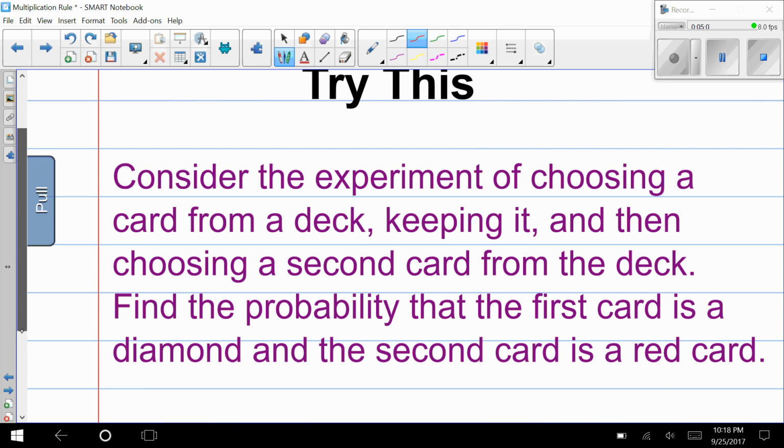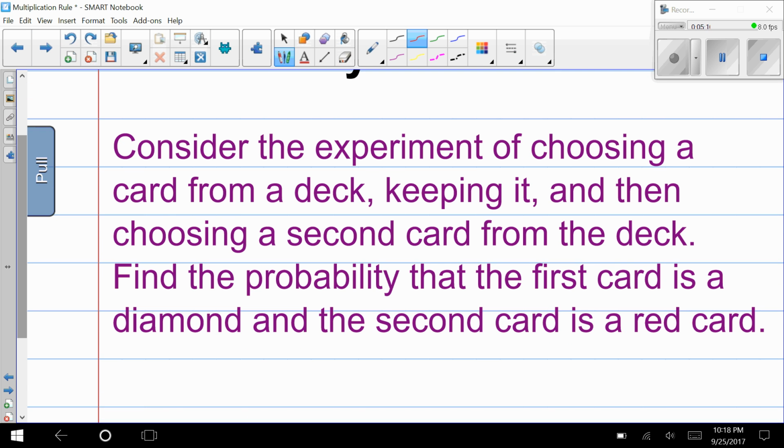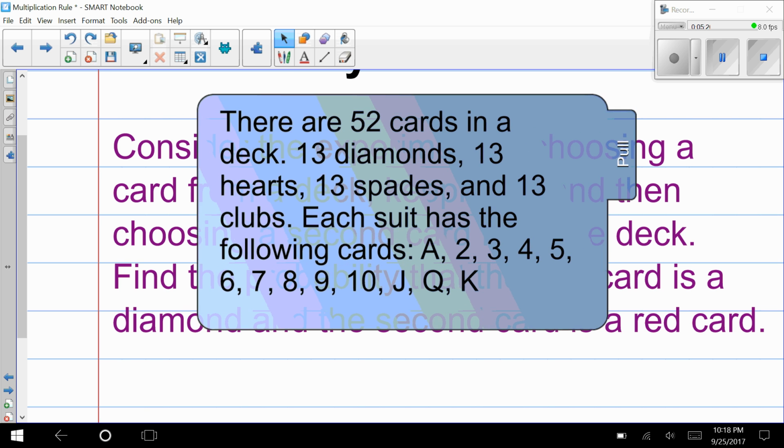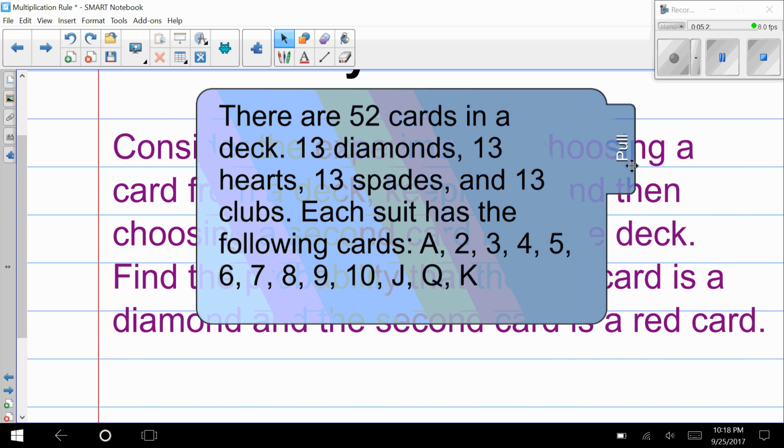And one more to try. Consider the experiment of choosing a card from a deck, keeping it, and then choosing a second card. Find the probability that the first one is a diamond and the second one is red. In case you're not familiar with cards, there are 52 cards in a deck: 13 diamonds, 13 hearts, 13 spades, and 13 clubs. Those are your suits.